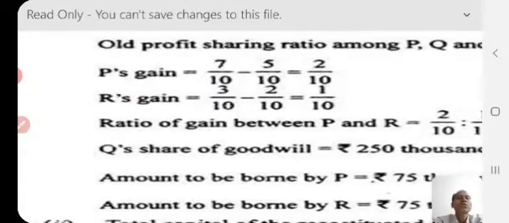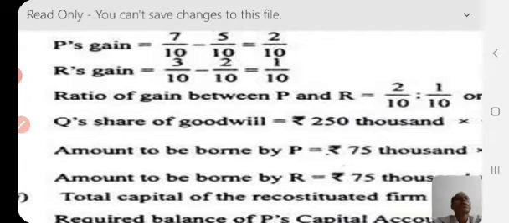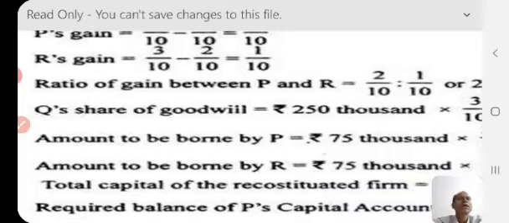Now we have to calculate the goodwill. As given in the adjustments, total goodwill is 250,000.